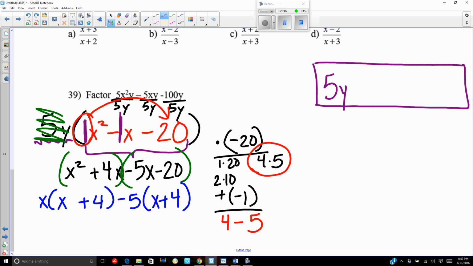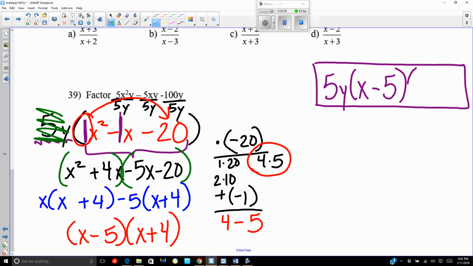So our factors are x minus 5 and x plus 4. So those are the other two factors. If we multiplied all three of these factors together, we would get the original problem. But leave it factored, and there's your answer to 39.